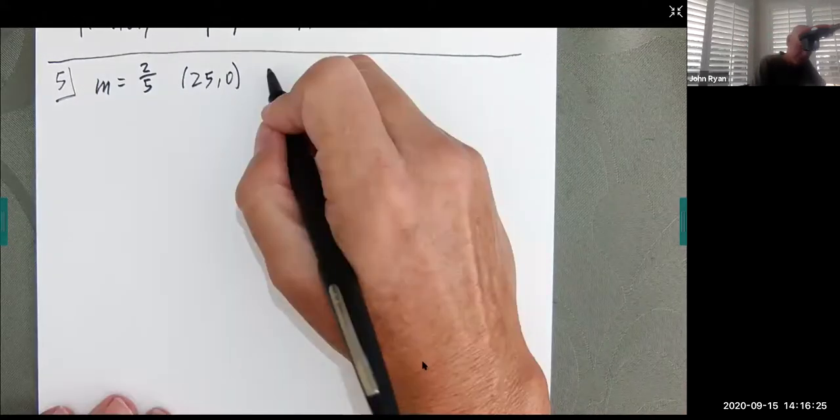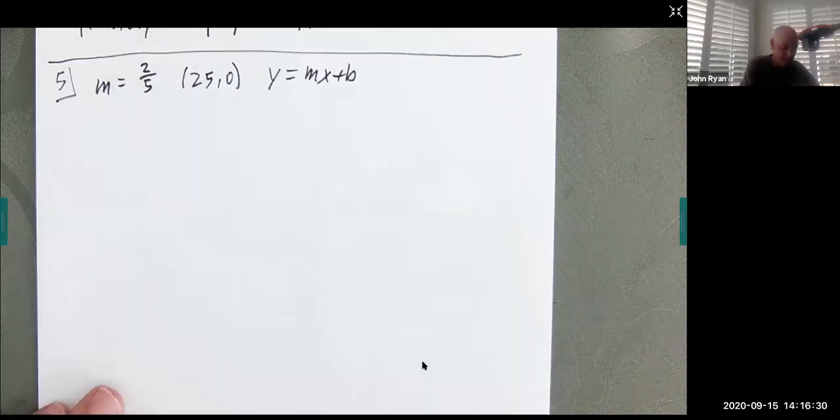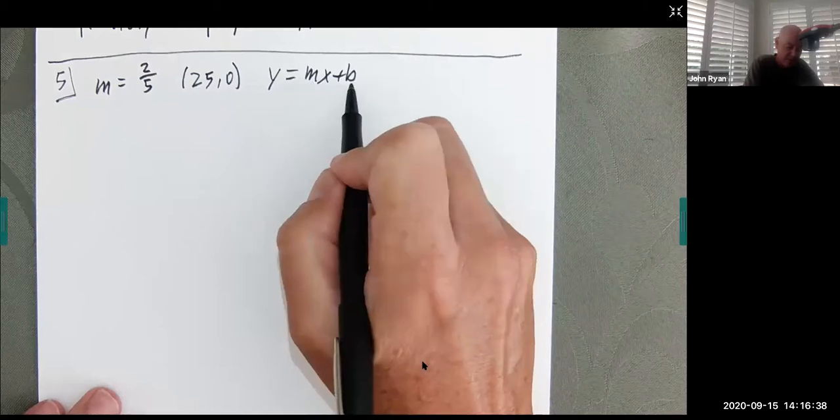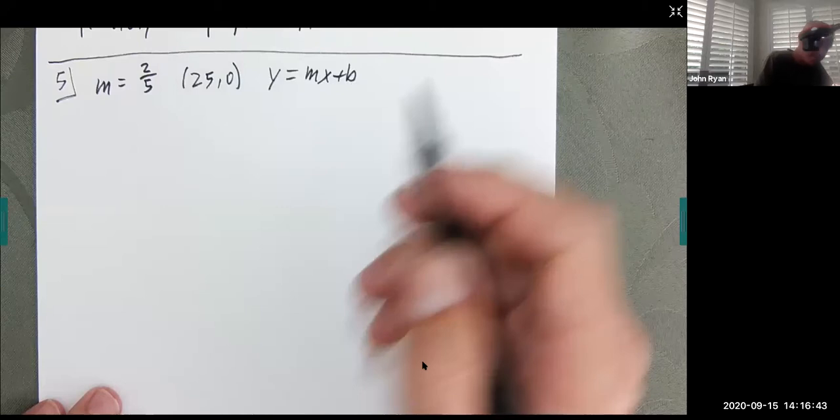So we're going to recall y equals mx plus b. And although this is not the y-intercept here, it's actually the x-intercept, which doesn't help us. What we're looking for is m, which we have, and we need to dig out b. So I'm going to use this specific x and y and replace them in there and then solve for b.